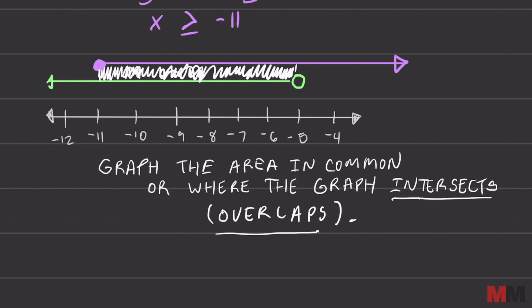However, that negative 5, they really don't have that in common because it's an open circle. And that is the part that you're going to shade as your final answer. The area that they overlap, where they intersect, or the area that they have in common.